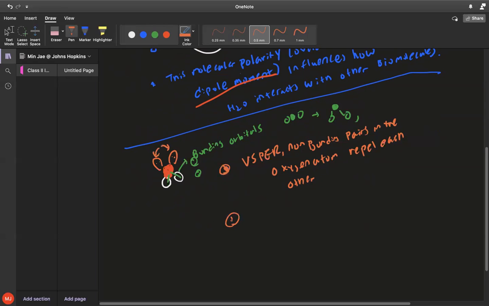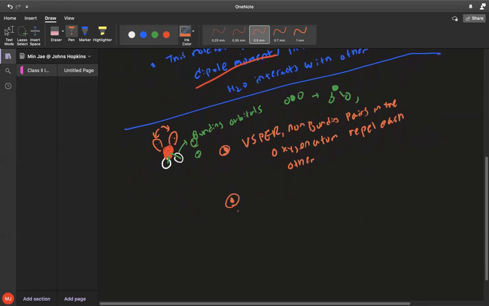But if you try to explain that same phenomenon in terms of molecular orbital theory, the bonding orbitals can be described as sigma orbitals, and you can express these two non-bonding pairs as non-bonding orbitals at the same time. So if you redraw this water molecule, these two are essentially two separate orbitals called the non-bonding orbitals.